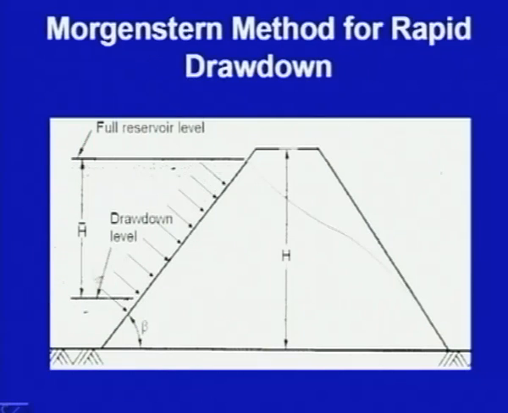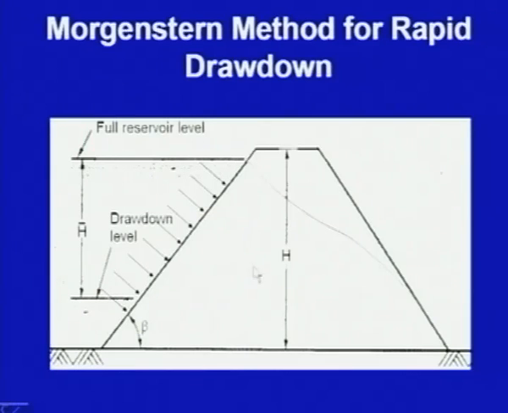So, when this force is removed, and the hydraulic conductivity of this soil is not high, then this force is removed, but inside the dam body that pore pressure remains there, because it takes time to dissipate and the permeability is low.